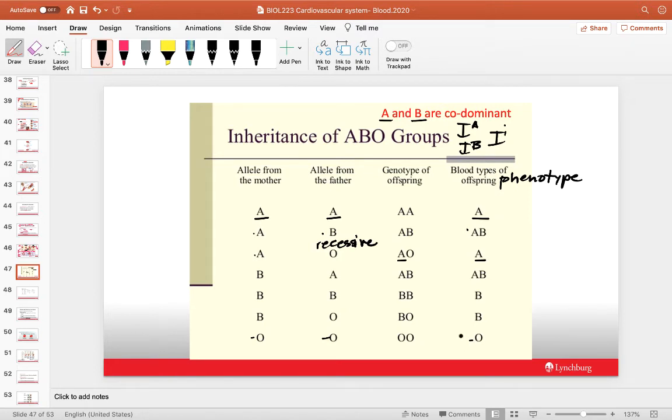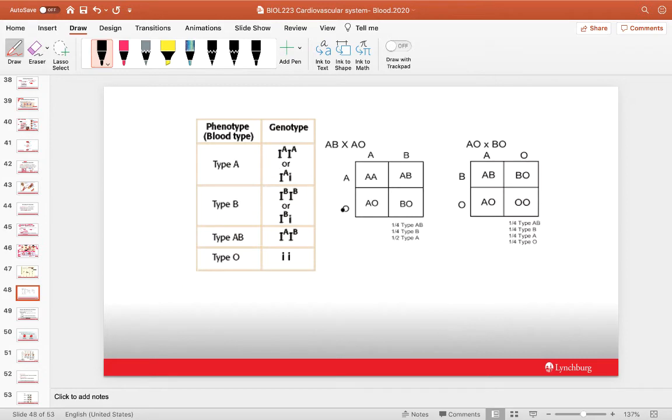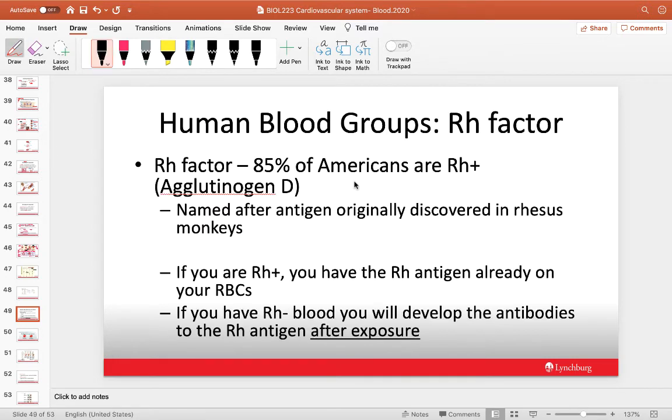So there's a couple of examples of Punnett squares to see how that would play out with alleles from the mother and father.